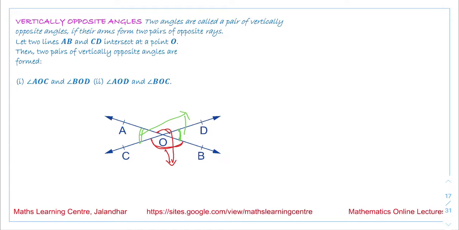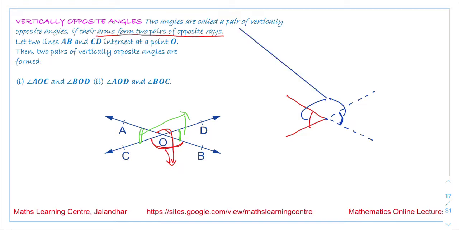Why? Their arms form two pairs of opposite rays. Suppose I am talking about this angle, then this arm will form the opposite ray, and this arm will form the opposite ray. So the angle that I will get over here is this. So these two angles are vertically opposite angles.